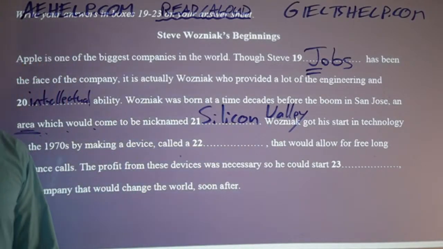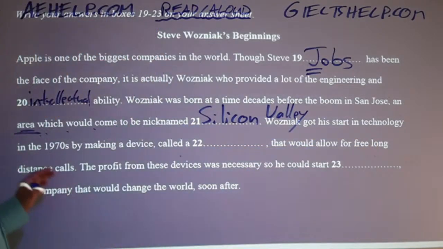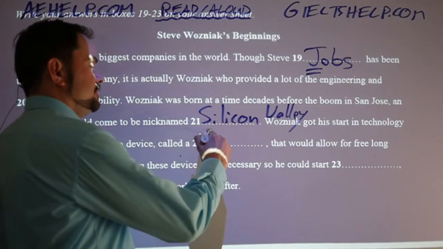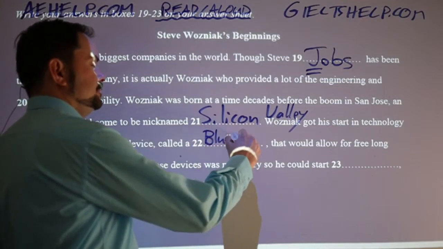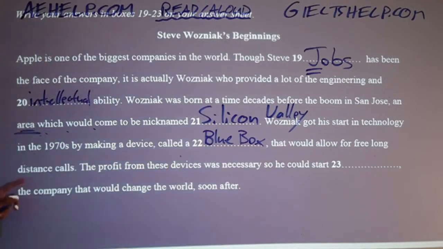Okay, very good, Paulo. Wozniak got his start in technology in the 1970s by making a device called a blue box. We can use capitals because it was the name, that would allow for free long-distance calls.